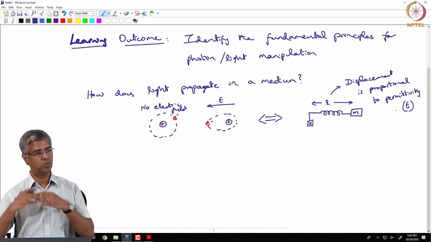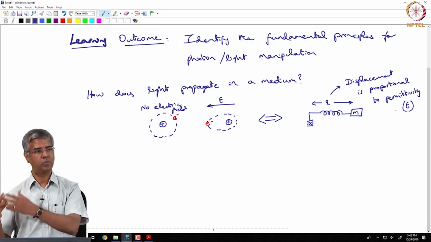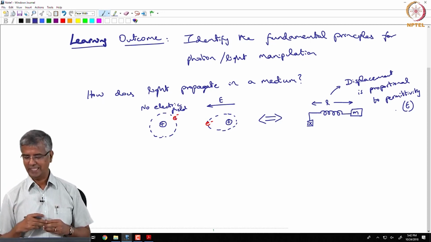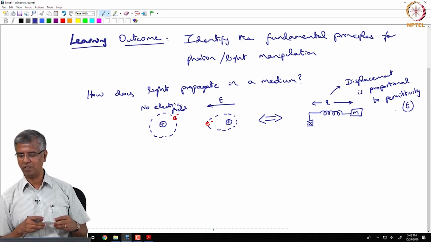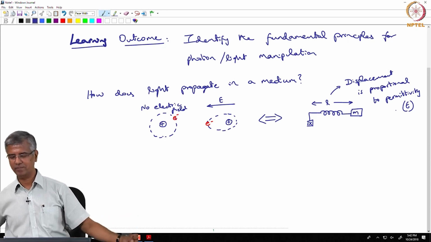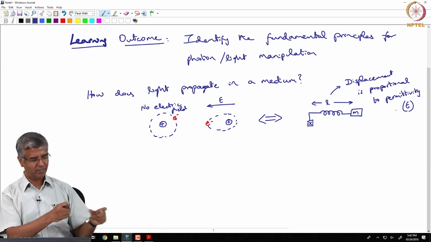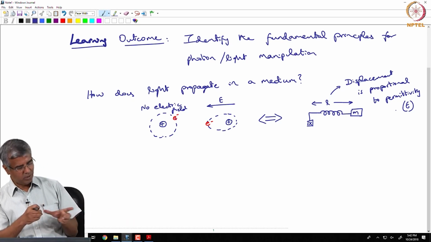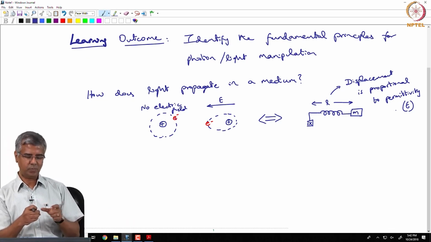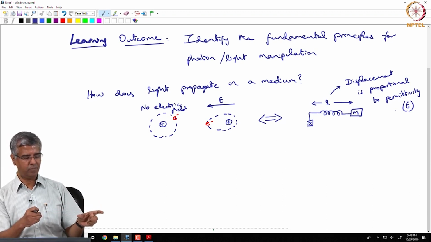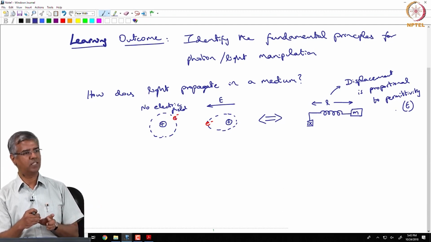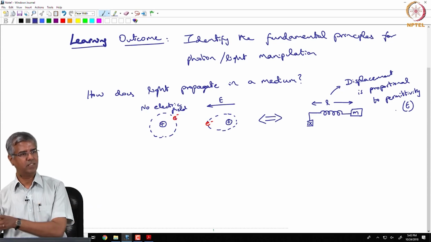When you go beyond that range, as in the case of this mass spring model, you pull a little bit, there is some displacement, you pull a little more, there is some more displacement. If your pulling force is twice the initial pulling force, then you get twice the displacement. You go thrice, it goes thrice.